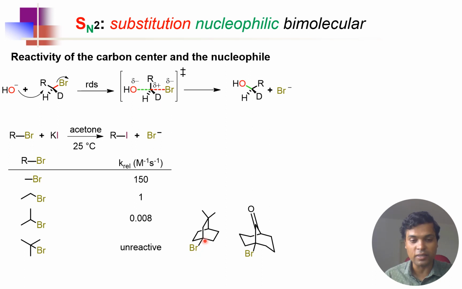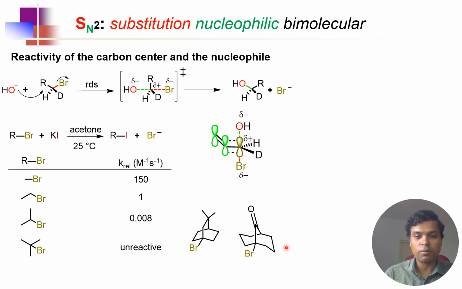For example, in this carbon-bromine bond, the backside is this side where you have all this carbon framework, so the nucleophile will never approach the carbon to substitute the bromine from the other side. It is the same thing here. These two compounds are completely unreactive for SN2 reaction.